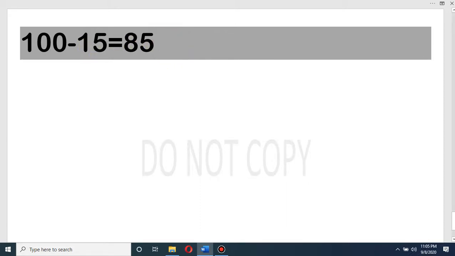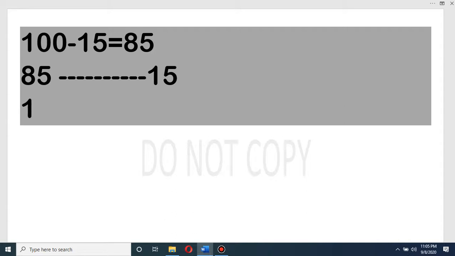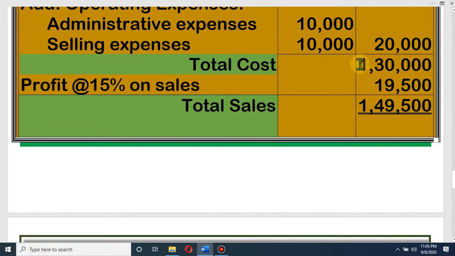Dear student, now unitary method math. If cost is 85, then our profit is 15. If cost is taka 1, then our profit is 15 divided by 85. You know that we have cost here, it is 1,30,000.